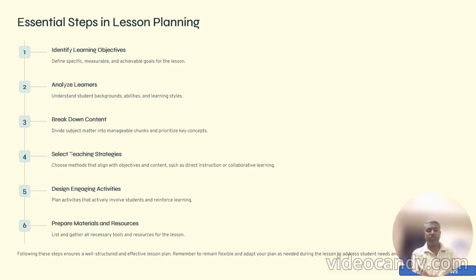And the next one is selecting teaching strategies. Very, very important. Through which medium we approach the students and deliver our content. For that, I suggest four things. First, direct instruction, where factual knowledge and skills we explain to them to make them ready for learning lessons.